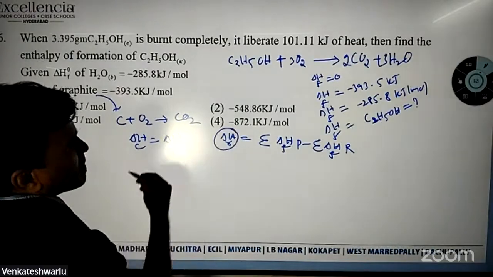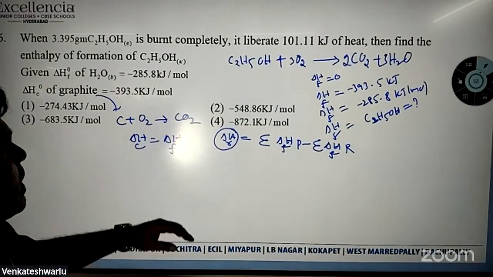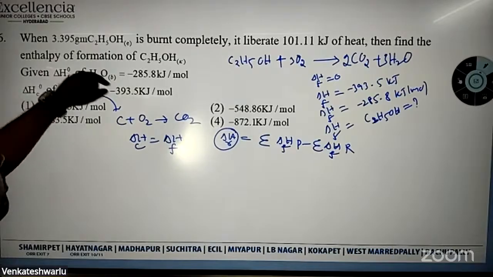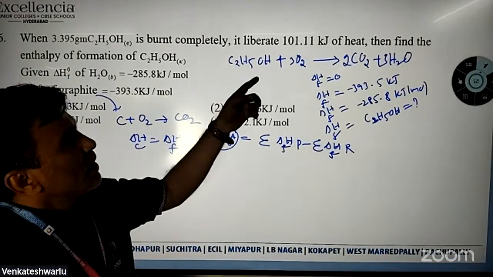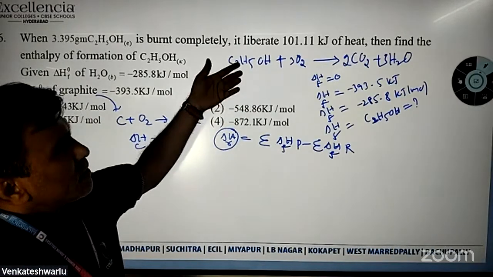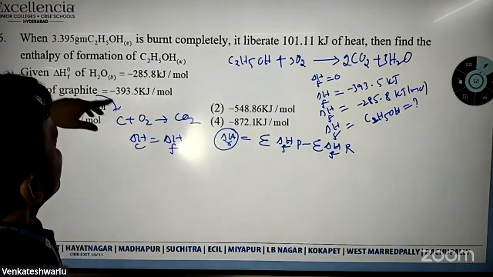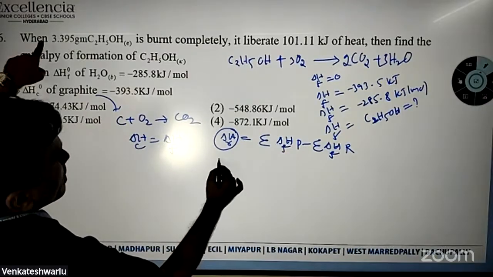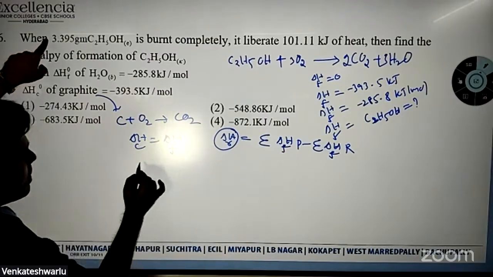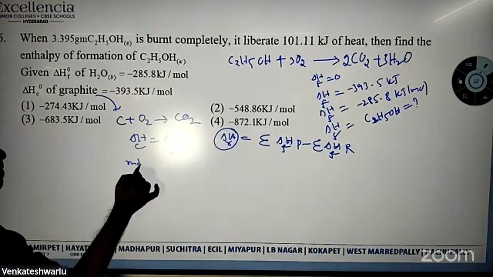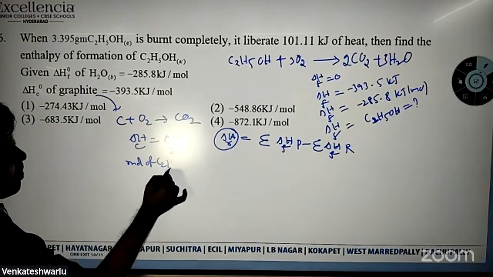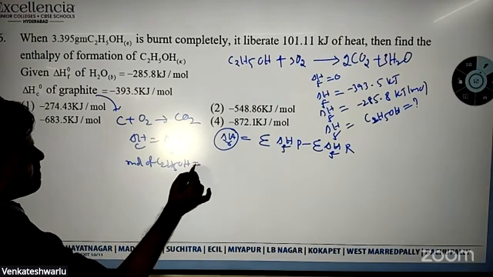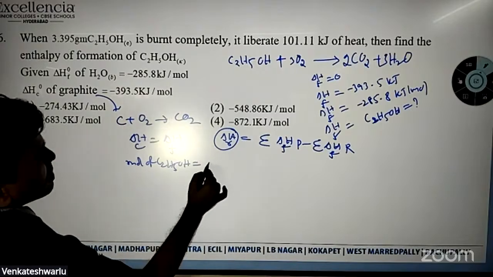But the heat of the reaction should be given for 1 mole. Actually it is given for 3.395 grams, right? So it is not given for 1 mole. So let us first find the moles of ethanol, because it is given for 3.395 grams.